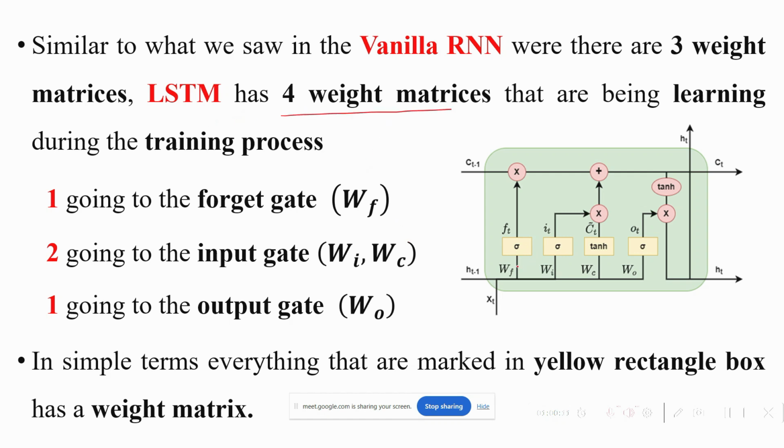In the first gate, the forget gate, we have only one weight, the weight of the forget gate. In the input gate we have two weights, wi and wc, and in the output gate we have one weight, called wo. If you have a loss function, at that time you have to update these four weights.